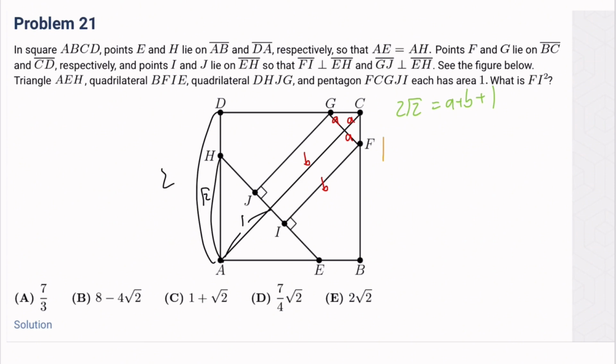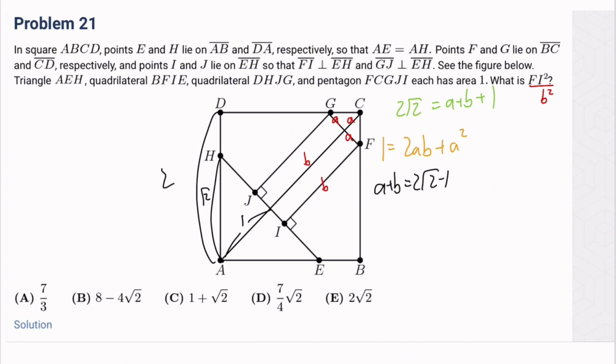So area 1 is equal to 2A times B, that's this, plus this much, and that's A squared. So 1 equals 2AB plus A squared. And FI squared is B squared. Using these two things, we can solve for B. From this one, we can see that A plus B equals 2 root 2 minus 1.